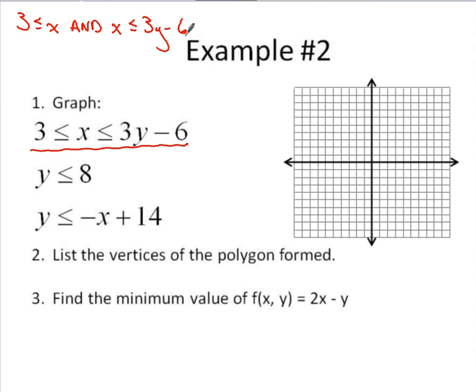Now if I were to turn this one around and be x is greater than or equal to 3, we know that's going to be a vertical line passing through the x-axis at 3. And if we were to shade with respect to just that piece, greater than or equal to would take me out this direction.